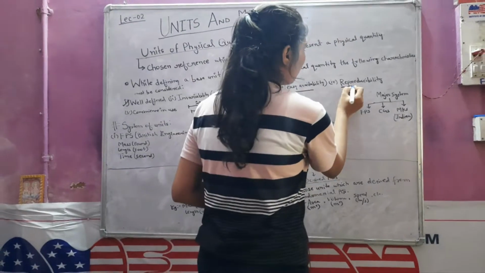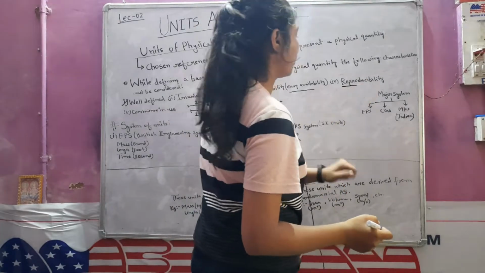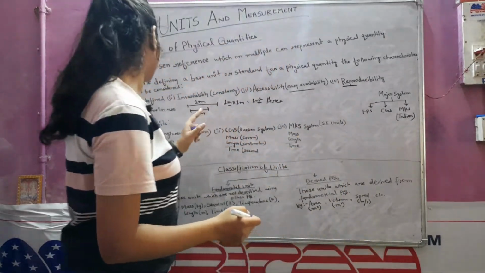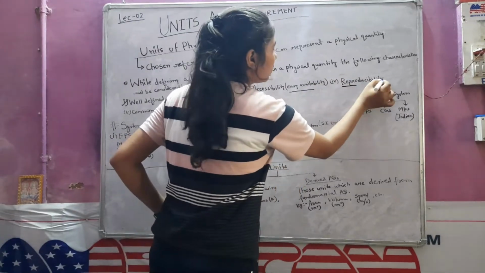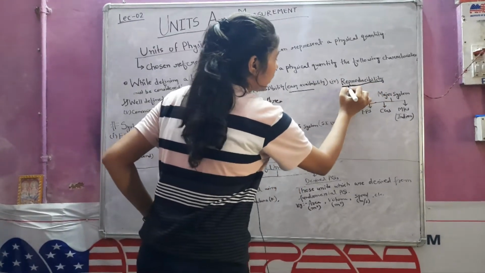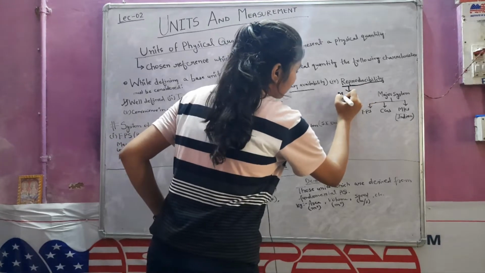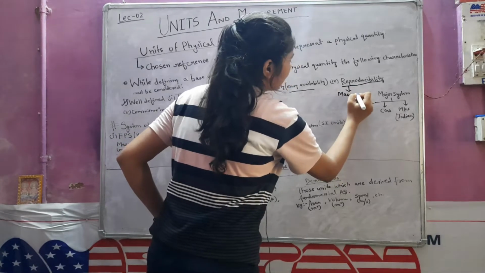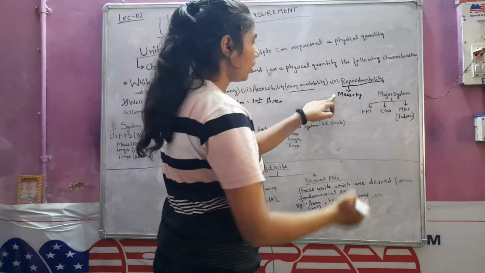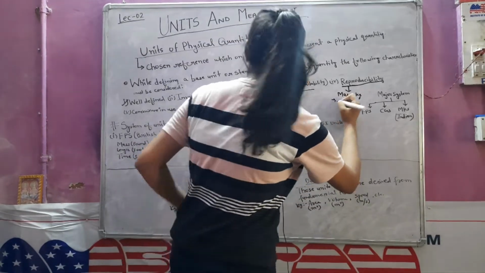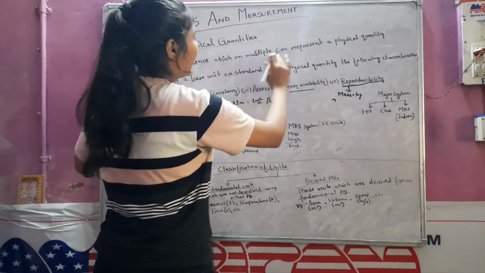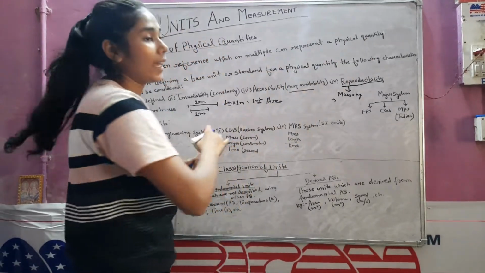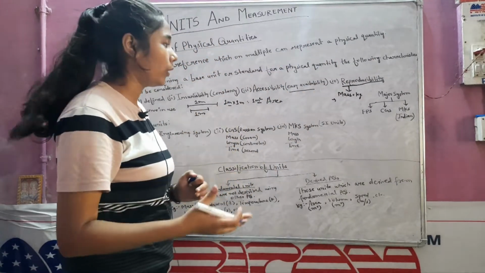Now fourth is reproducibility. What does it mean? As I told you, the units can reproduce more. Mass is kilogram, and as I said, which on multiple can represent a physical quantity, it can give more physical quantities.